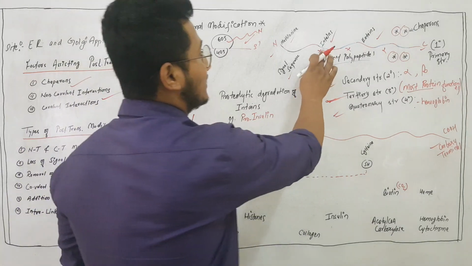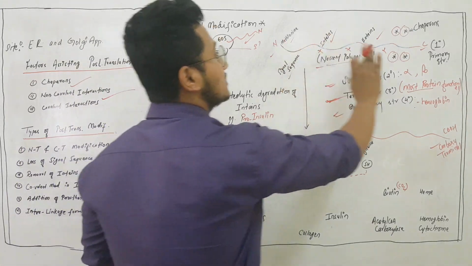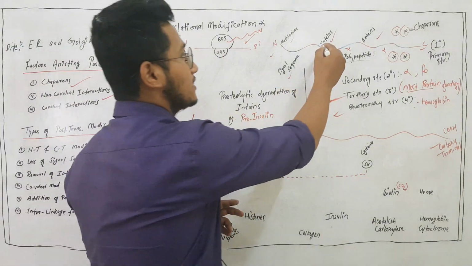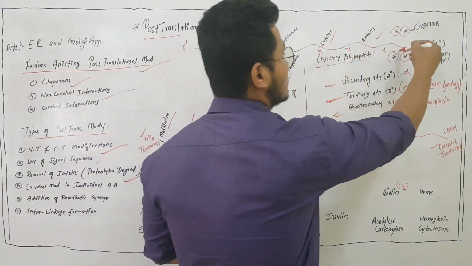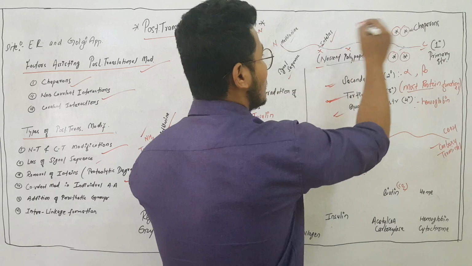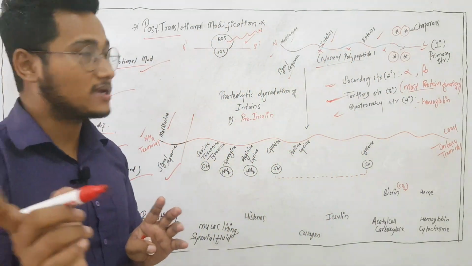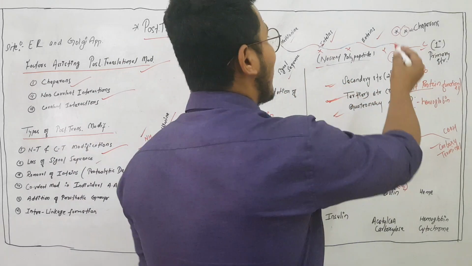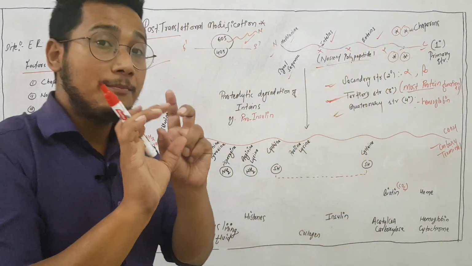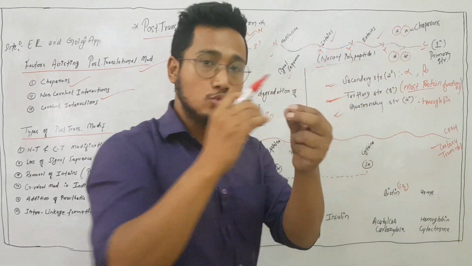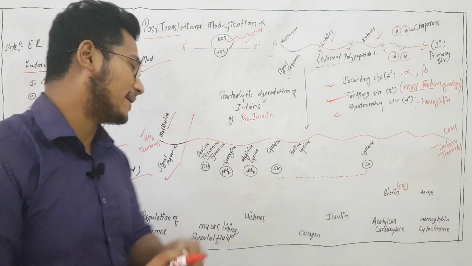So the inteins which are towards the terminals, say this one is at the terminal, are removed by peptidases called exopeptidases, like I defined earlier. And those peptidases which remove the inteins which are present inwards or inside are called endopeptidases.